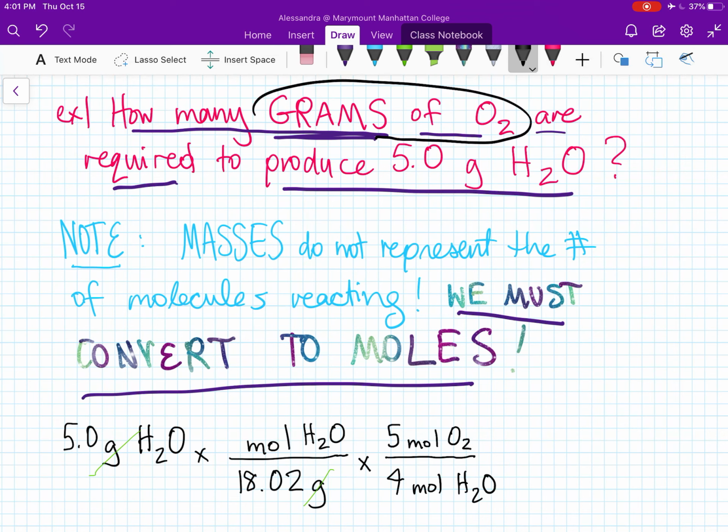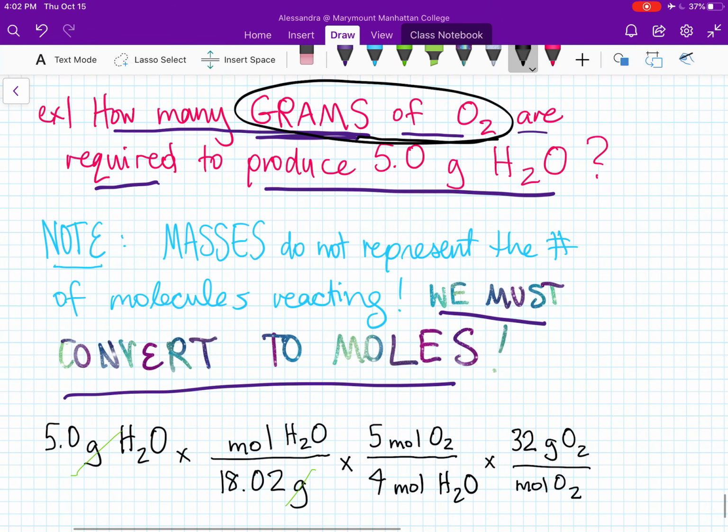And the final step would be, because I want grams of oxygen, I'm going to need to use the molecular weight of O2. So 16 plus 16 is 32 grams of O2 per mole of O2.